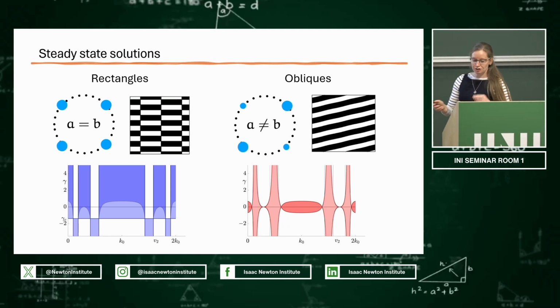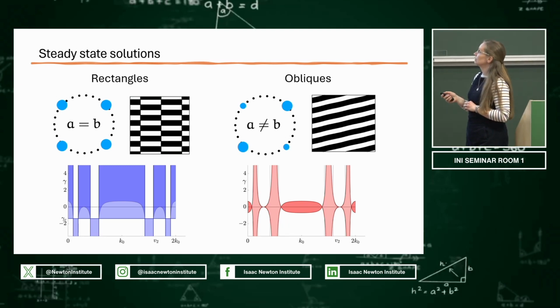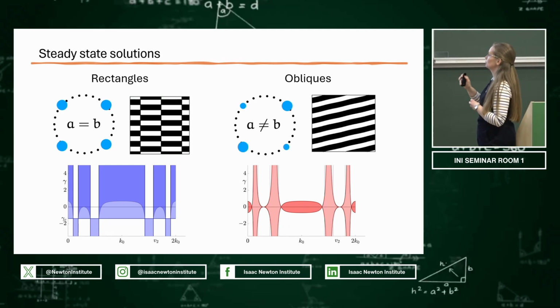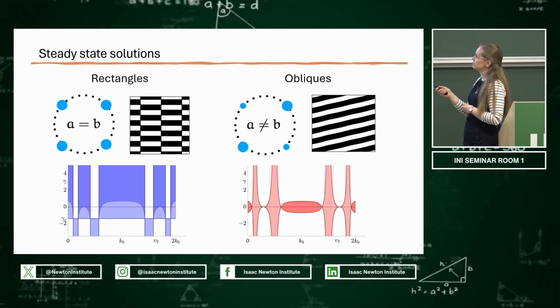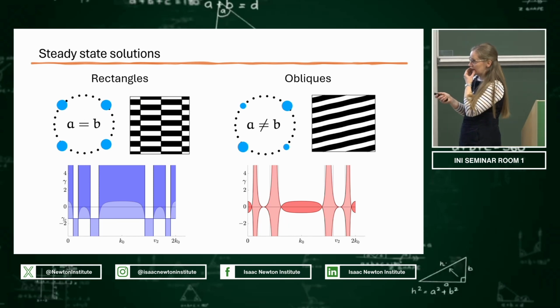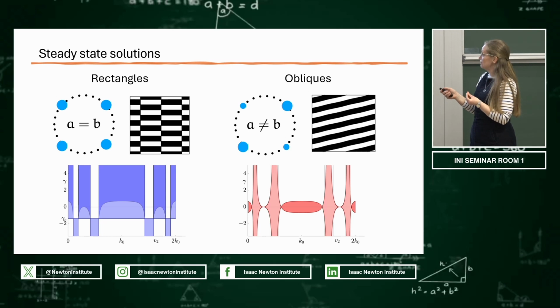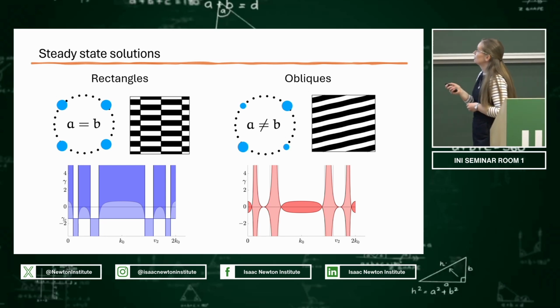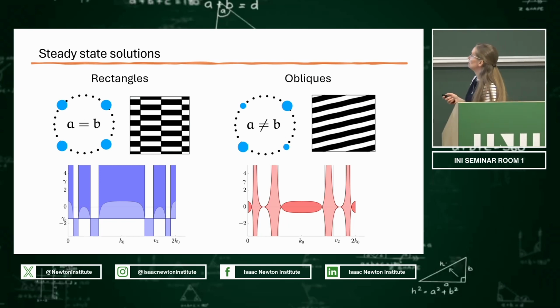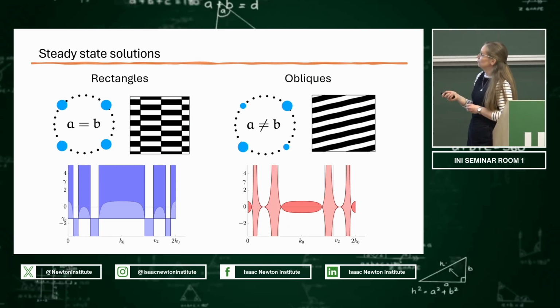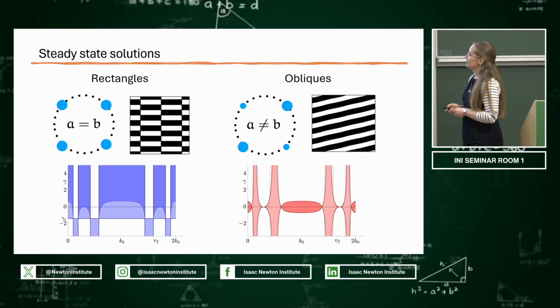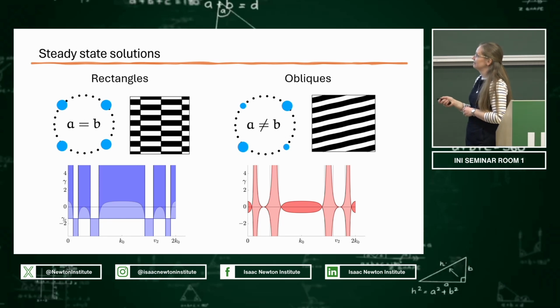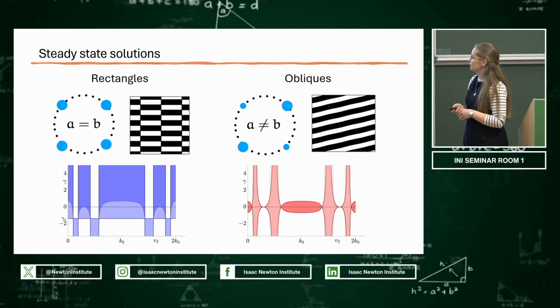So if we're looking for solutions in those amplitude equations now, we can find rectangles where the modulus of A is equal to the modulus of B, and we can find these oblique lines, the roll patterns, when the modulus of A is not equal to the modulus of B. And we can work out the existence and stability conditions for these patterns for various values of other parameters.